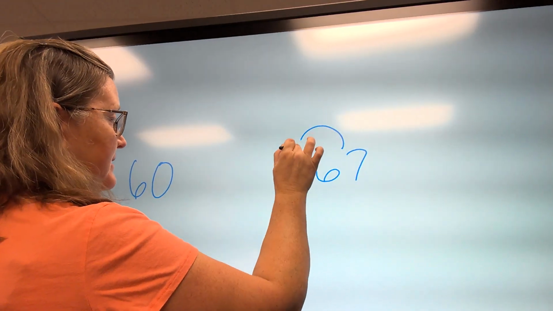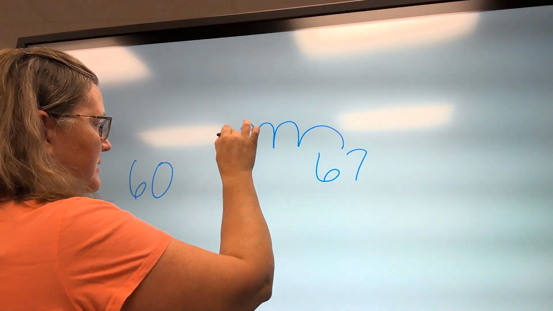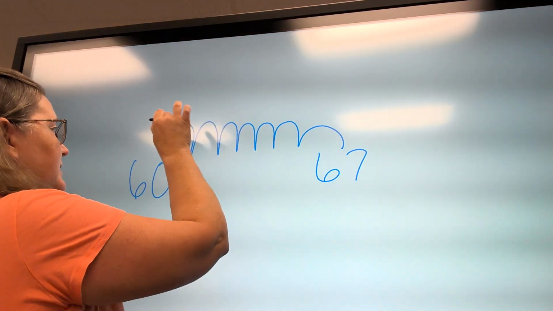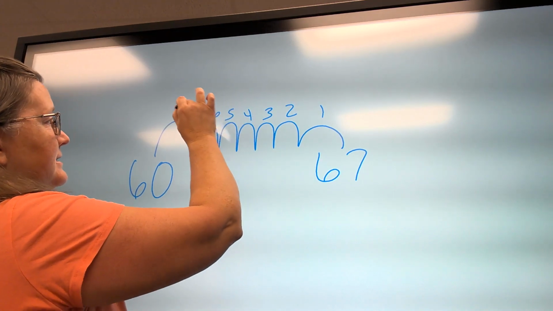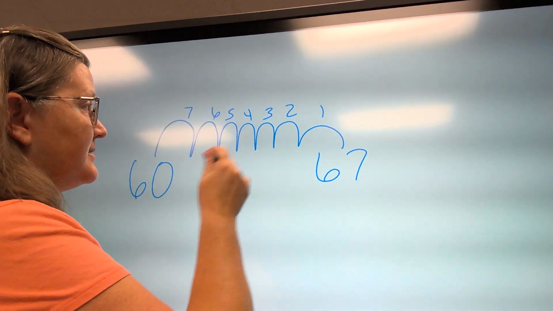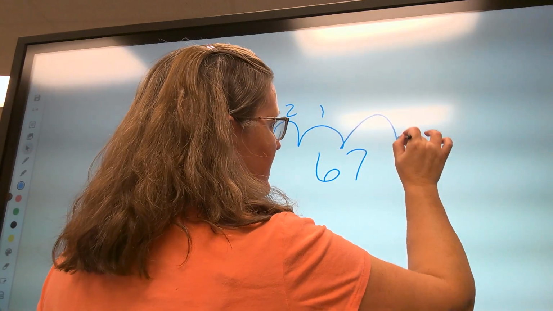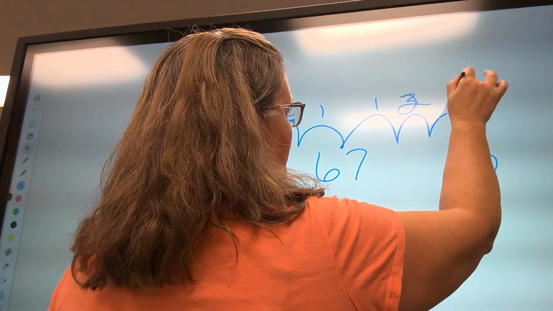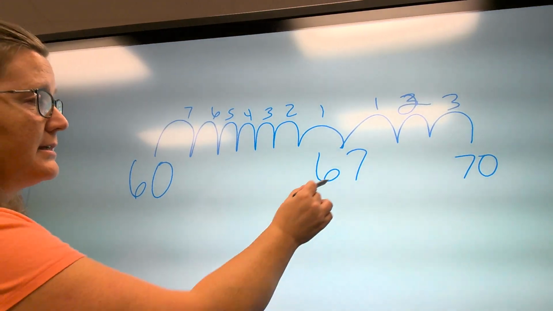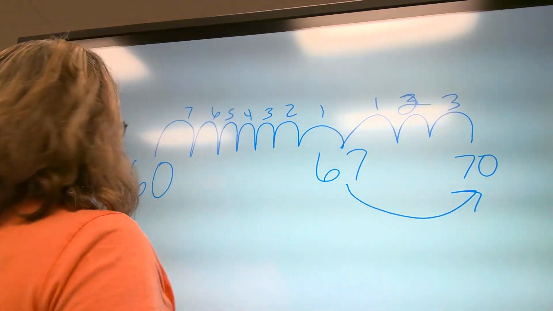So it's 66, 65, 64, 63, 62, 61, 60. How many jumps? 1, 2, 3, 4, 5, 6, 7 jumps. Okay? 7 jumps to 60, but 68, 69, 70, it's only 3 jumps to 70. So 67 would round up to 70.